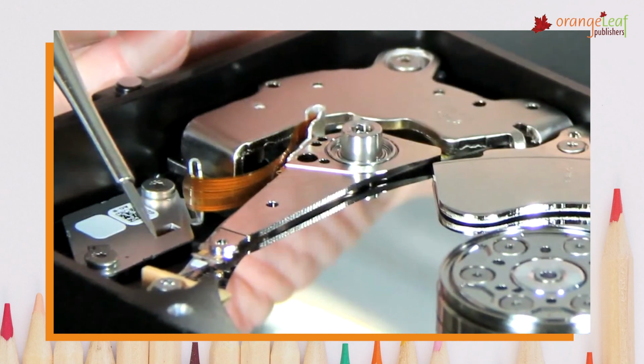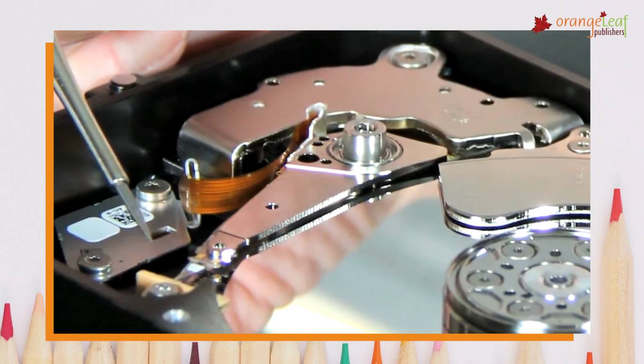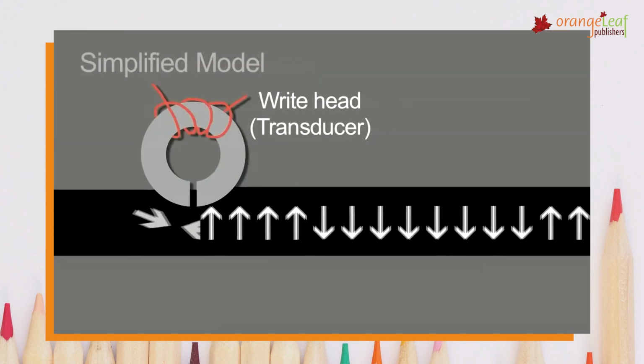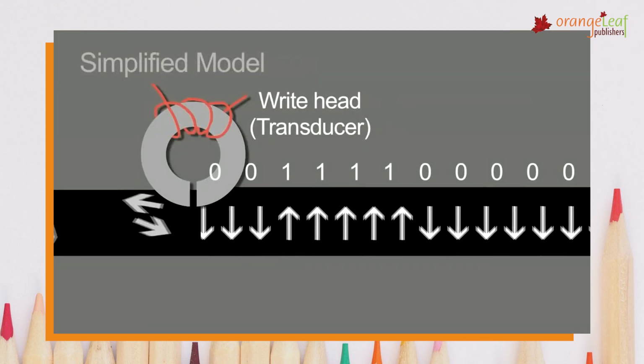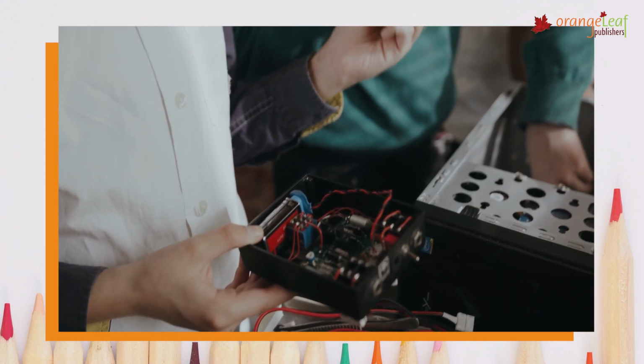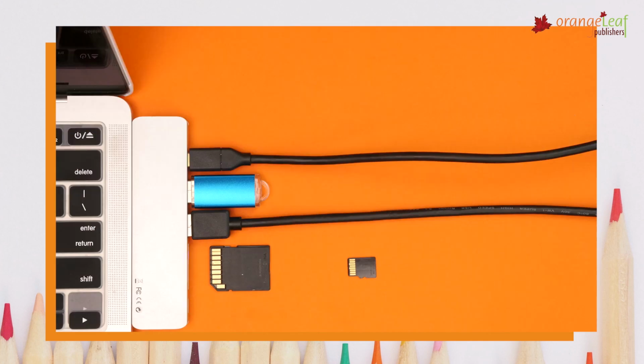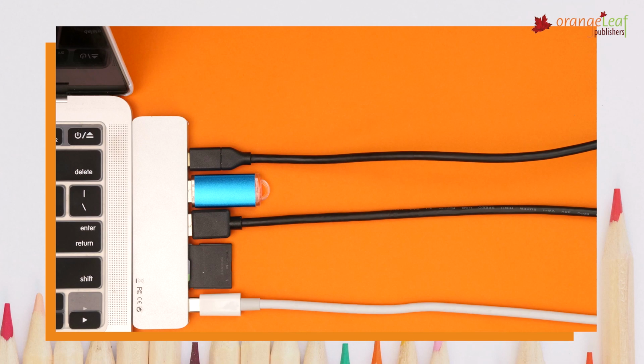It may be inside or outside a computer. It works differently from the primary memory. It is not directly accessible by the CPU. A hard drive, DVD, or USB storage device are some examples of secondary storage devices.